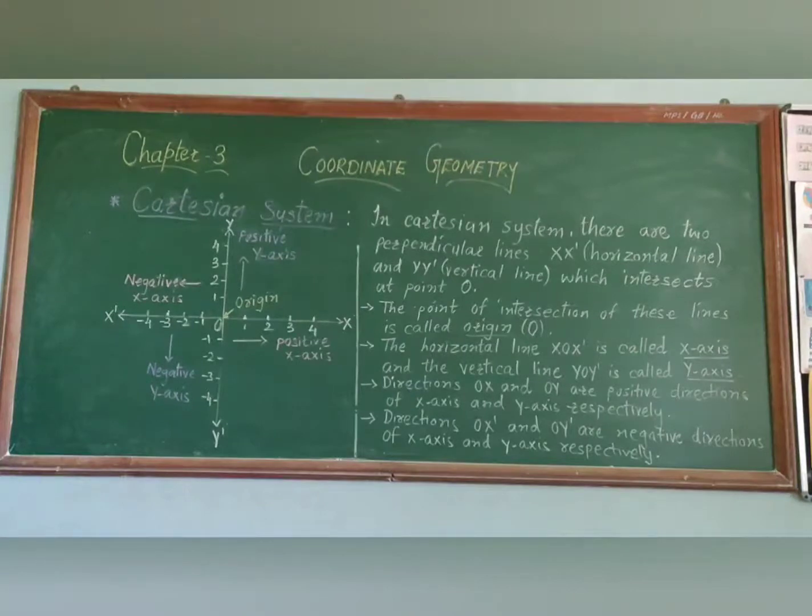This is how the Cartesian system is made up. So the Cartesian system is nothing but two lines, one horizontal and one vertical, intersecting each other at a point O. Here we get a Cartesian system.